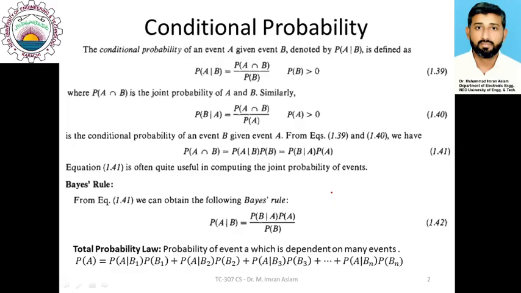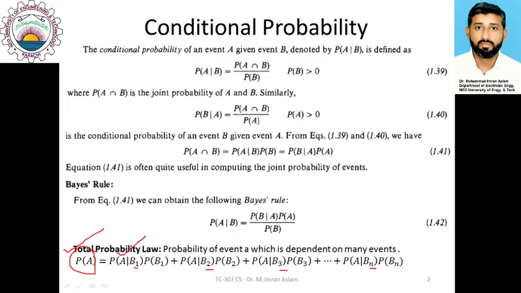There is another important theorem in probability which is named as total probability law, which actually gives you the probability when an event depends on many other events. So if, say for example, an event A depends on other events B1, B2, B3 and so on, up to Bn, and we want to find the total probability of event A, we have to include all the possibilities.